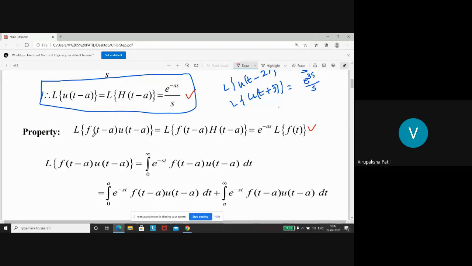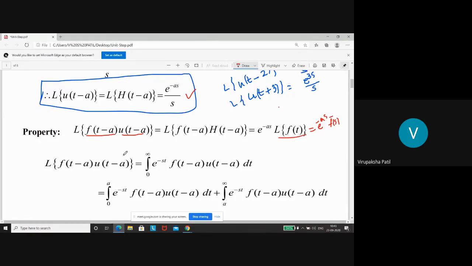The Laplace transform of f of t minus a into u of t minus a, where u of t minus a is multiplied by some function f of t minus a, and instead of u they can take h of t minus a, can be written as e to the power minus as into L of f of t, or sometimes directly e to the power minus as into f bar.